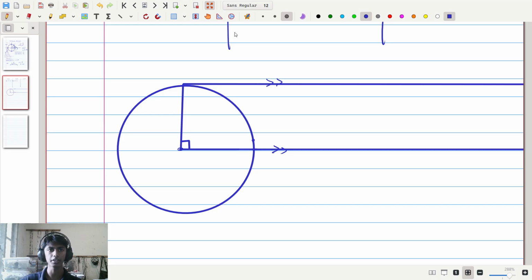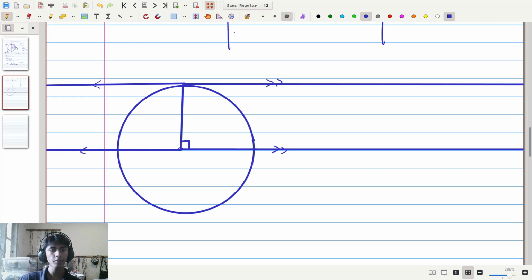But look at the other direction. If we extend this line in the other direction, and we think about where it's connecting on the other side, since these two lines are also parallel, there would be a connection on the other side.